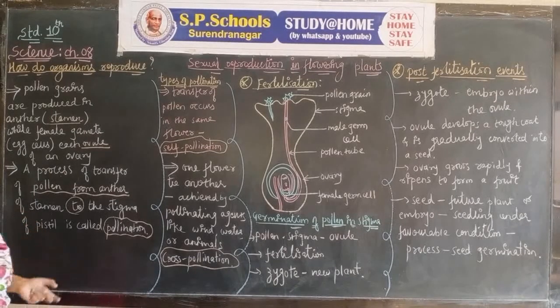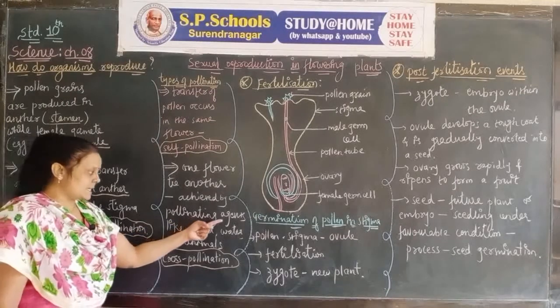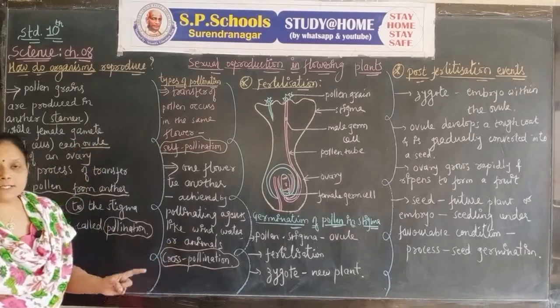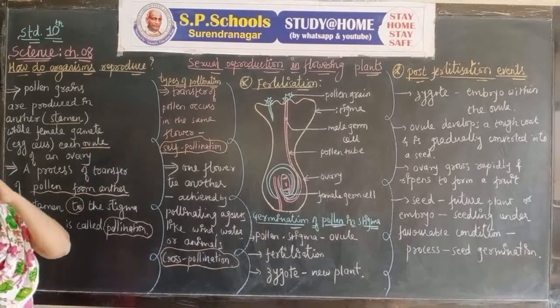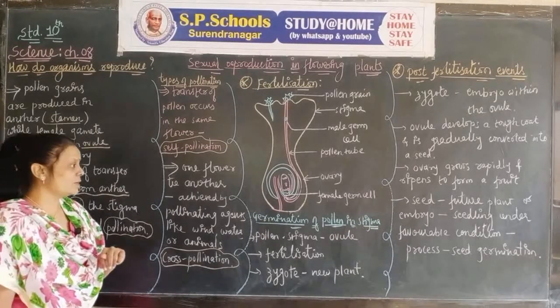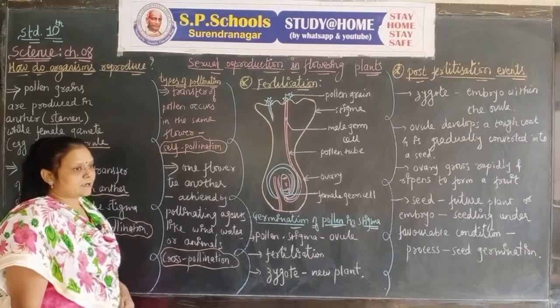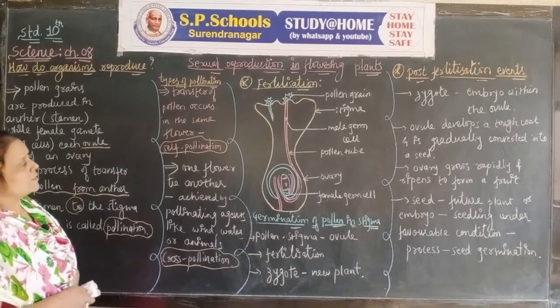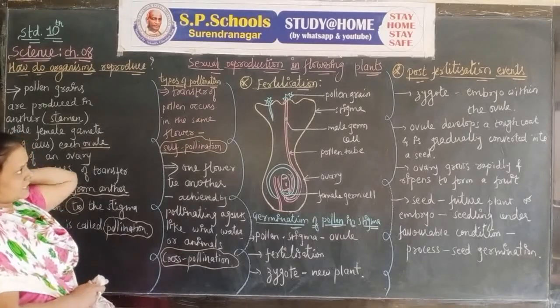Cross-pollination can be achieved by pollinating agents like wind, water, animals, insects, etc. So two types of pollination can occur: one is self-pollination, the second is cross-pollination.